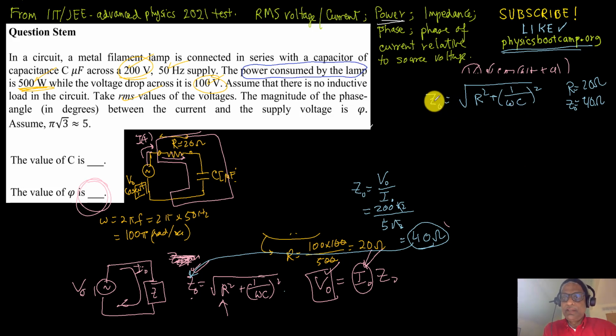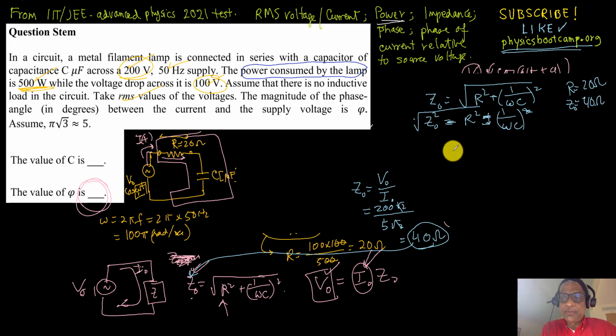Okay, let's find that out. So we square it, so you have Z0 square equals R square plus 1 over omega C square, and so this minus equal to that, and so take that out, square root.